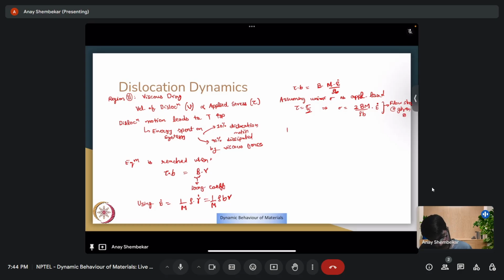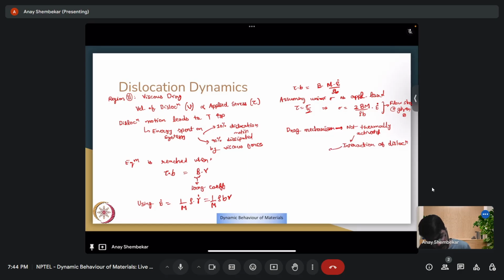So this is the drag mechanism, as mentioned. It is not thermally activated, and it depends on the interaction of dislocations. It can be of two types.